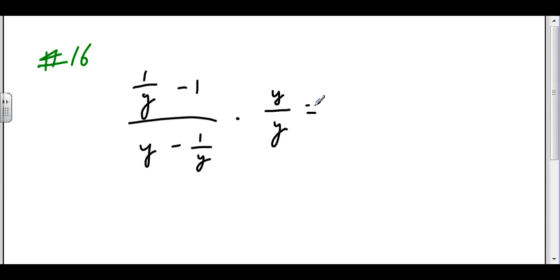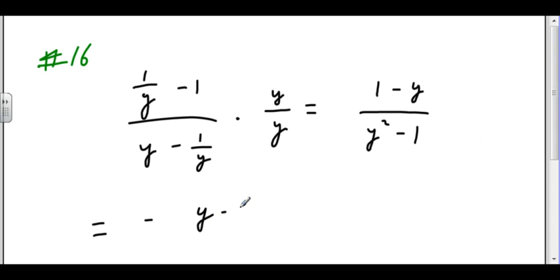So I'm going to do that. I'm going to get 1 minus y divided by y squared minus 1. And then I'm going to say, well, gee, that's minus y minus 1. Why would I want to do that? Probably because there's something up my sleeve.